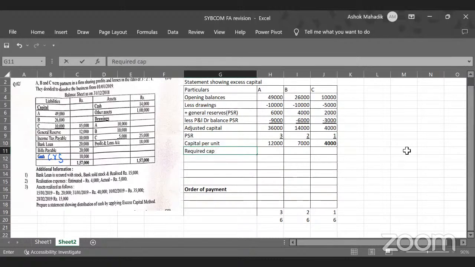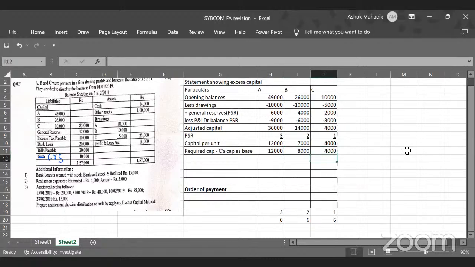Whose capital is base? Taking C's capital as base. Okay, अगर C सिर्फ एक शेयर के लिए 4,000 लाया तो उसके हिसाब से 3 शेयर के लिए ए ने कितना लाना चाहिए था, 4,000 into 3, 12,000 ही लाना चाहिए था, लेकिन उसका है कितना 36. ओके, अगर सी के हिसाब से 4,000 के हिसाब से बी को कितना लाना चाहिए था 2 शेयर के लिए, 8,000. ओके, और सी का अपने हिसाब से 4,000 ही होगा एक शेयर के लिए.